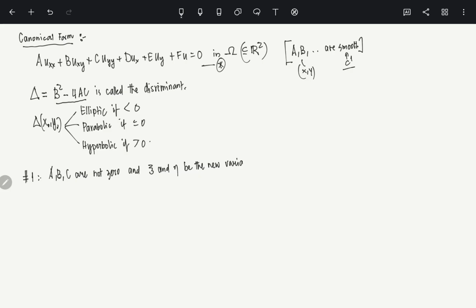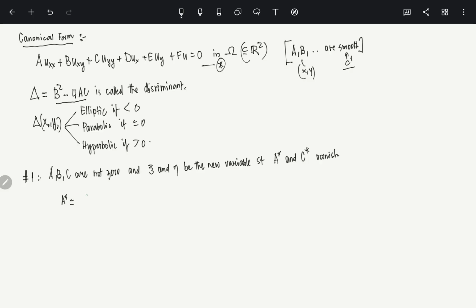And what does this do? Such that a star and c star vanish. If you remember, we talked about a star and c star. If you don't remember, go back to the last video.